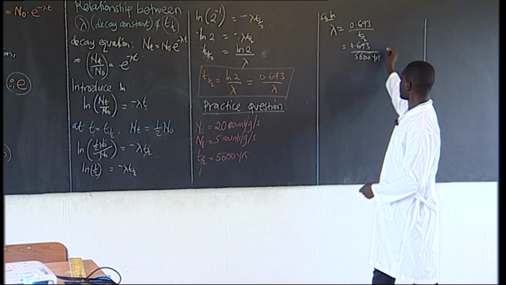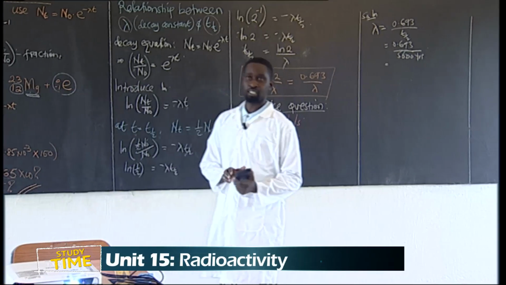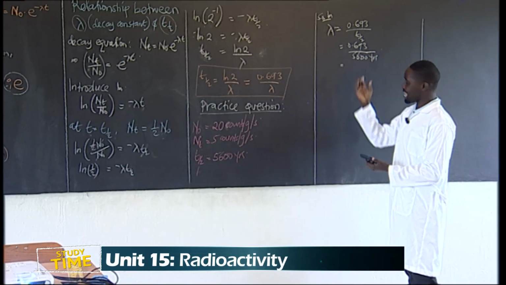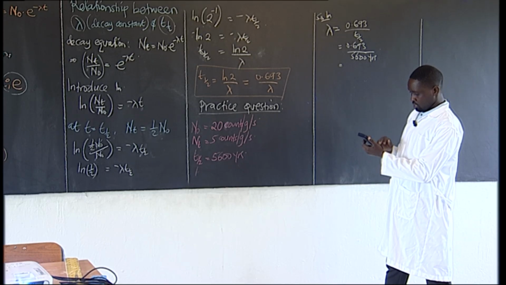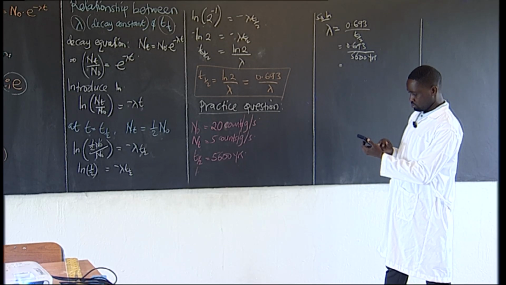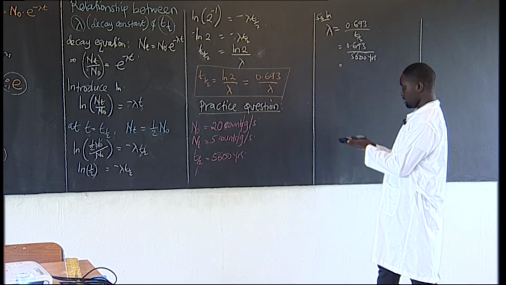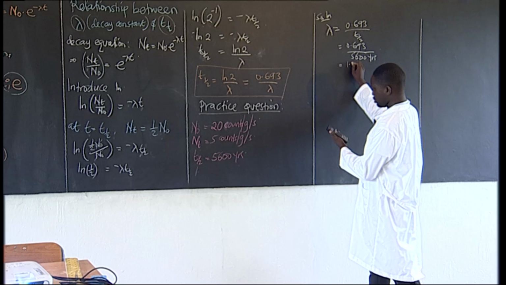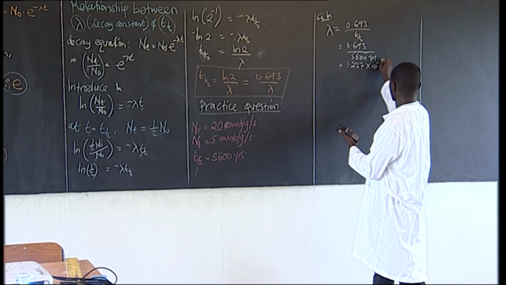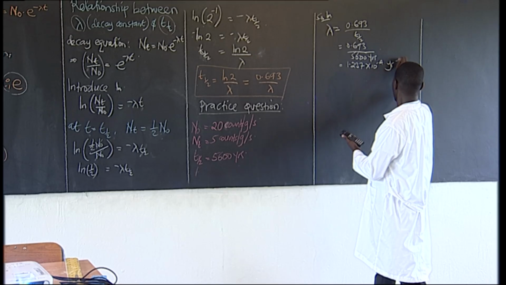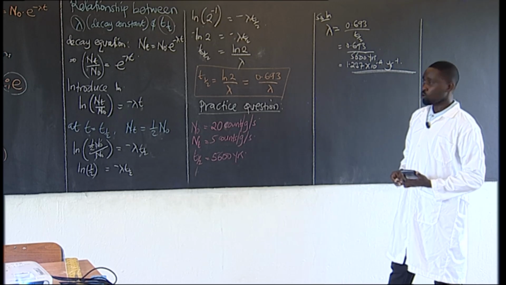We maintain the years, and so the decay constant will be considered in terms of per year. It's giving me 1.237 × 10^-4 per year. That is our decay constant.